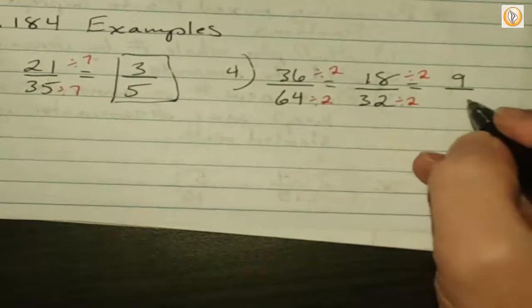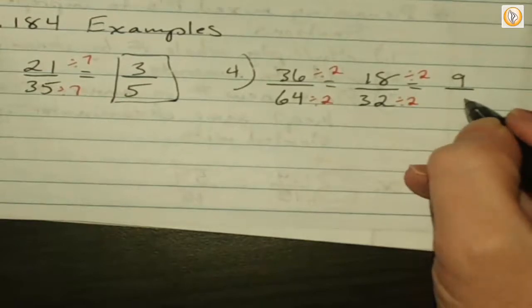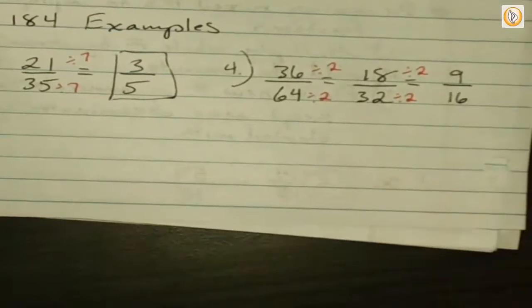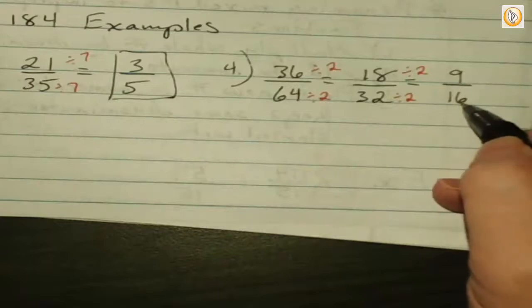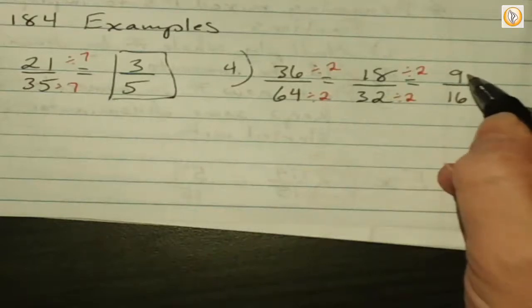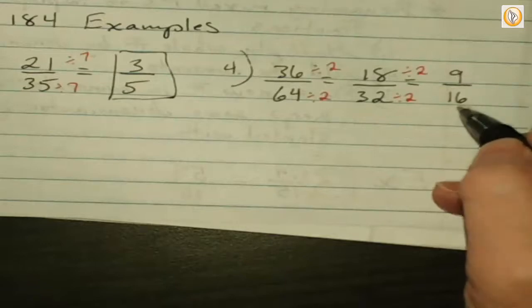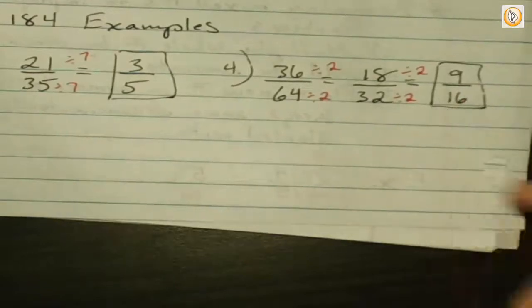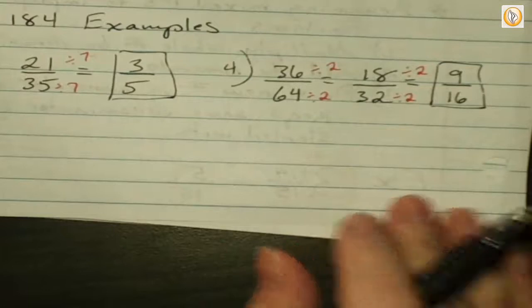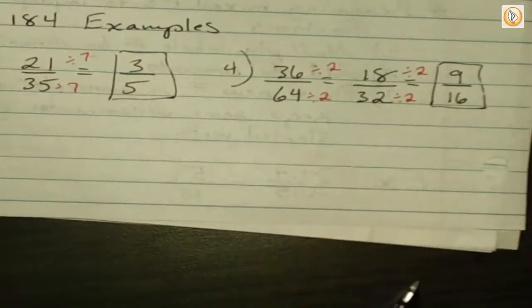And 32 divided by 2. Is there a number that can go into 9/16 evenly? There's not. Because 9 can't go into 16. 3 can go into 9, but 3 cannot go into 16. So this is in lowest terms. Any questions about how to do that?